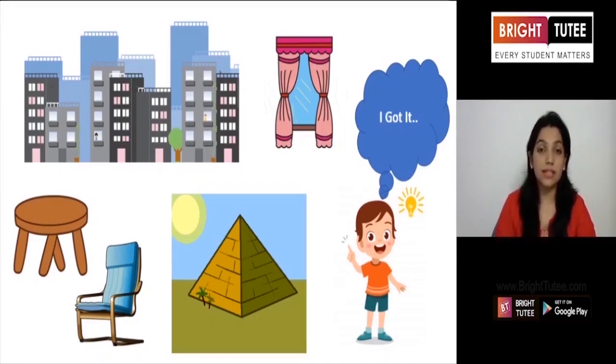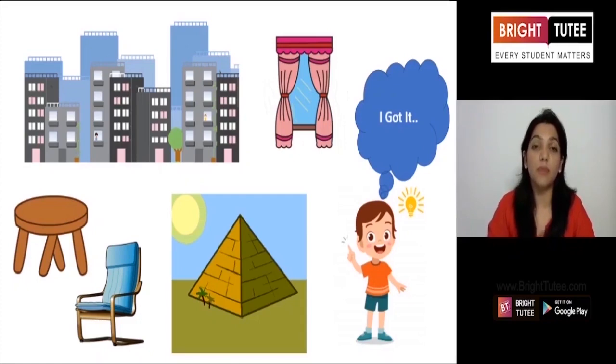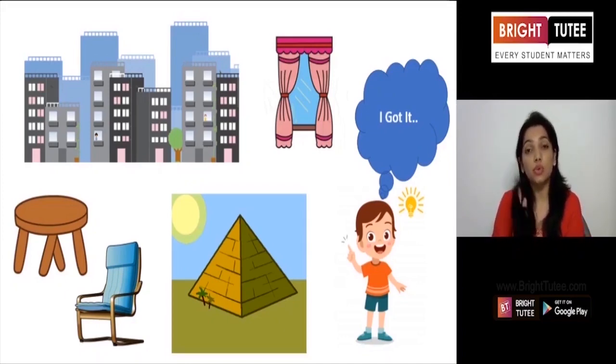Now the last example that you see is the world famous example, the biggest example in geometry. What is it? It is the Great Pyramids in Egypt. I'm sure you must have heard of it, right? You can even imagine that these pyramids were made in 2000 BC.